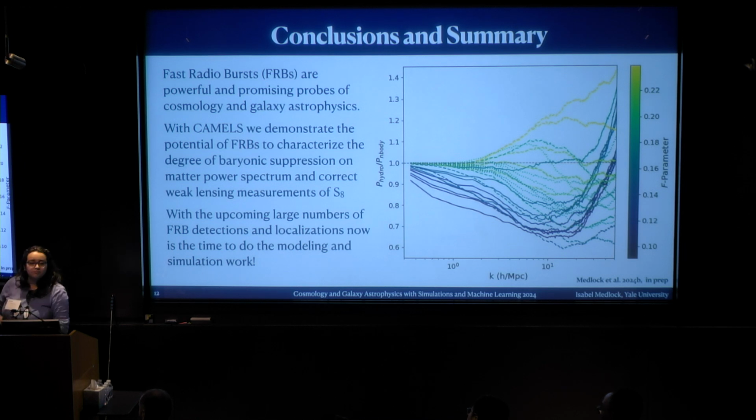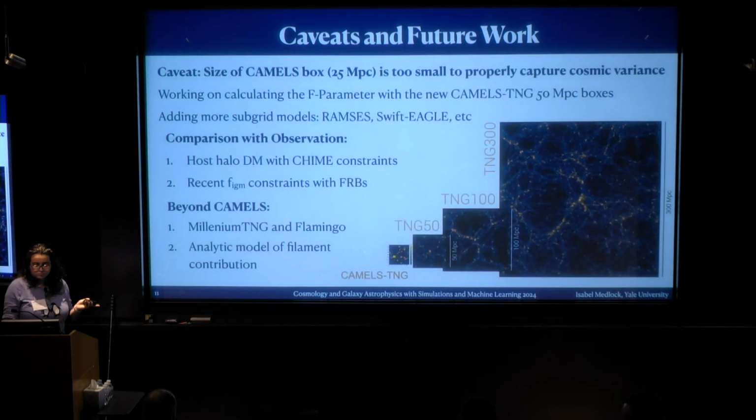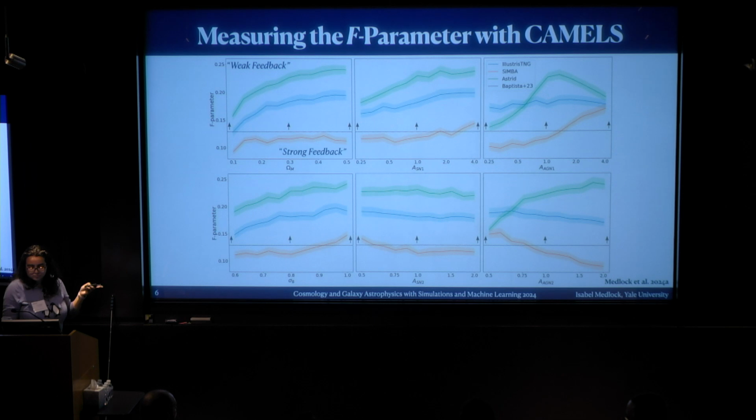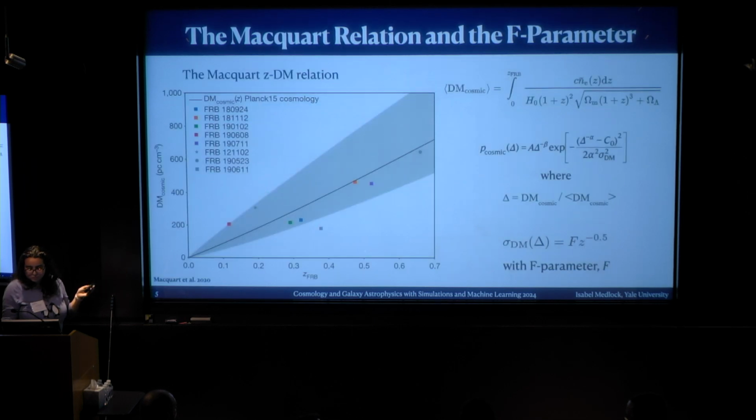I had a question about this F parameter that you were showing. It's a nice indication, but I'm still a bit confused about the meaning of this parameter because you normalize it with the cosmic DM relationship, right? So this delta is normalized by the cosmic mean, and then you're looking at the sigma. So you're kind of normalizing out the systematics of each simulation and then looking at only the scatter around it, right?